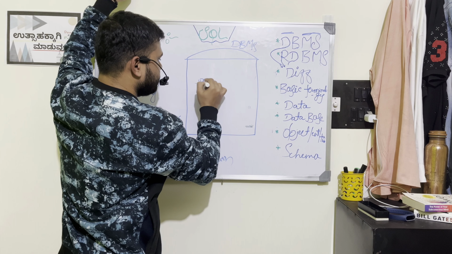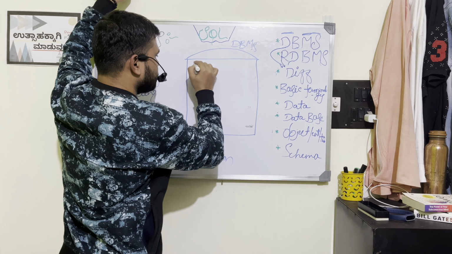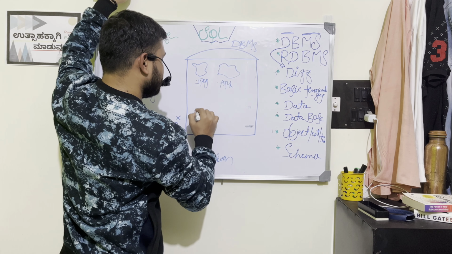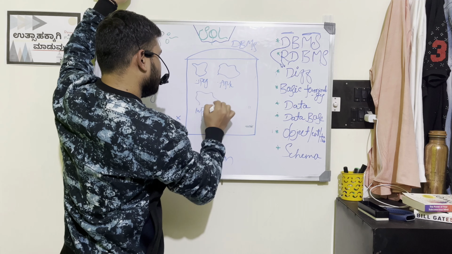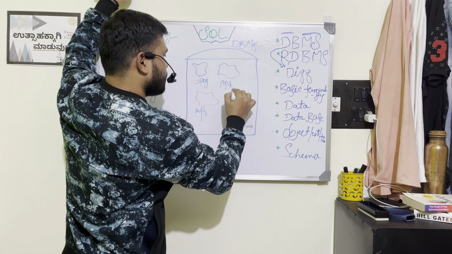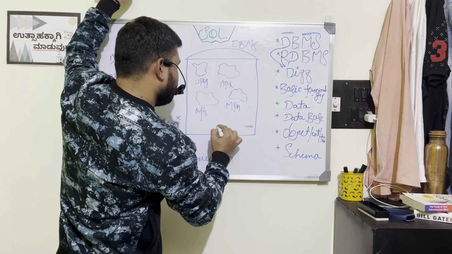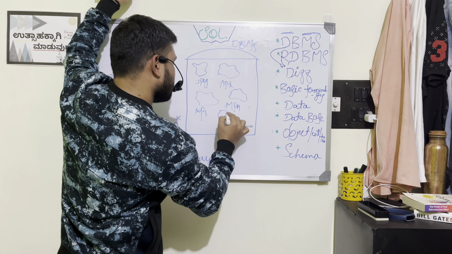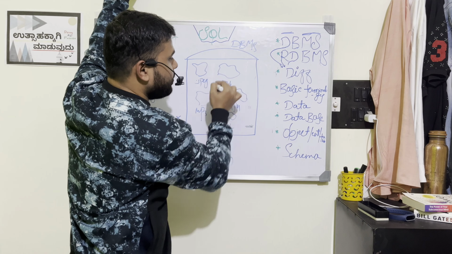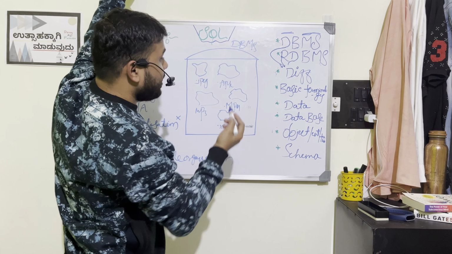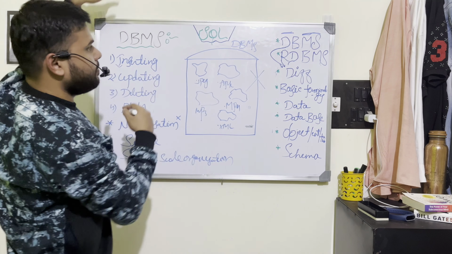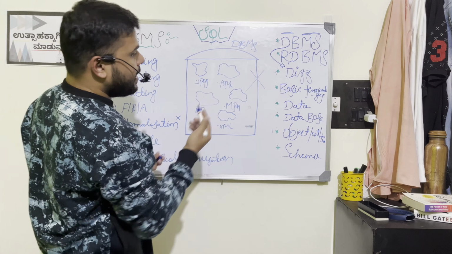This is a JPEG, this is an APK file, this is an MP3 file, MP4, XML. In DBMS, data will be stored in file format with different extensions, hence establishing a relationship between the files is not possible in DBMS.